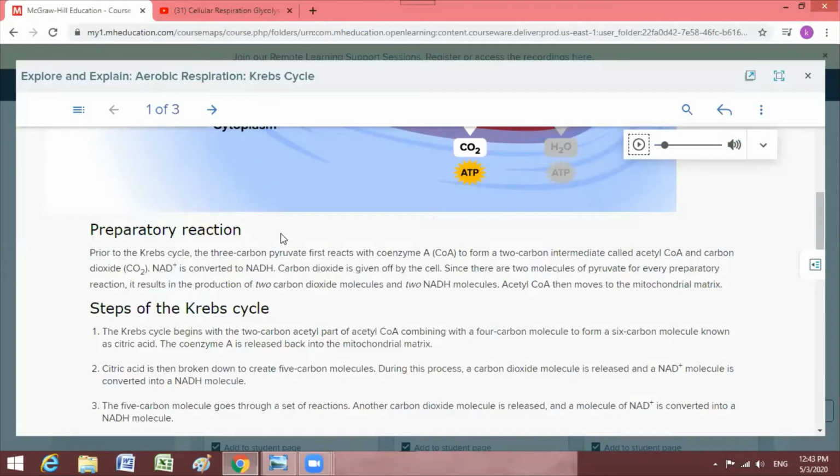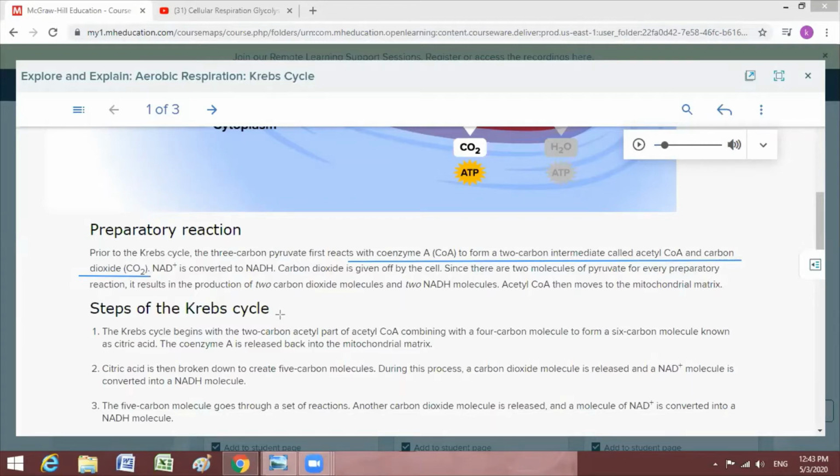Before the Krebs cycle, we said pyruvate must be converted into acetyl-CoA. Before the Krebs cycle, it reacts with coenzyme A, forming a 2 carbon intermediate called acetyl-CoA, and of course each pyruvate will release carbon dioxide. So we had 2 pyruvates, so of course we will have 2 molecules of carbon dioxide.